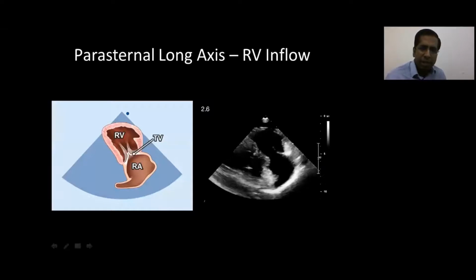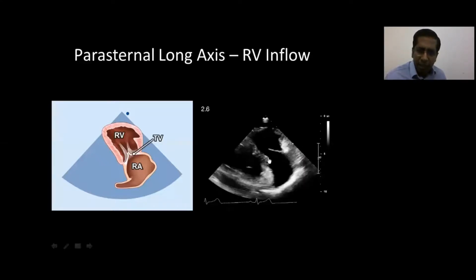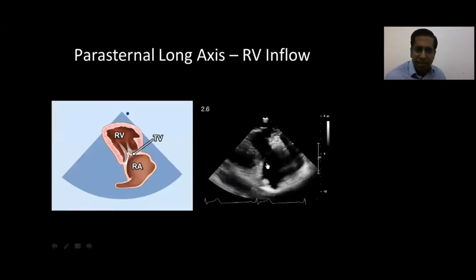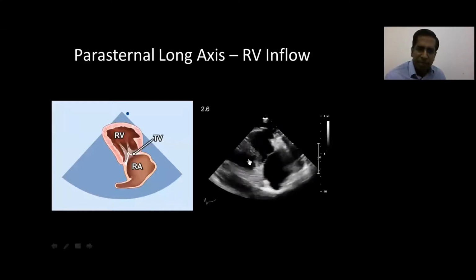Now, this is the parasternal long axis view, the RV inflow view. What you can see here is the right ventricle on top, the right atrium here, and the tricuspid valve here. What you are seeing here is the anterior tricuspid leaflet, and what you are seeing here should be the posterior tricuspid leaflet. But in this particular image, you are also seeing part of the left ventricle here.